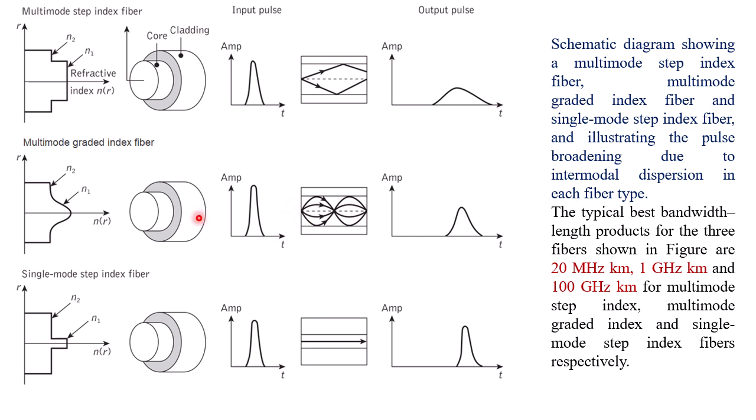Because of this gradual change in refractive index, there will be some lens mechanism or focusing arrangement inside the fiber. So the light will travel from this point, and it is moving in different directions because it is a multimode. But all the modes ultimately will meet at a certain point on the axis again because of this focusing arrangement due to the graded index profile.